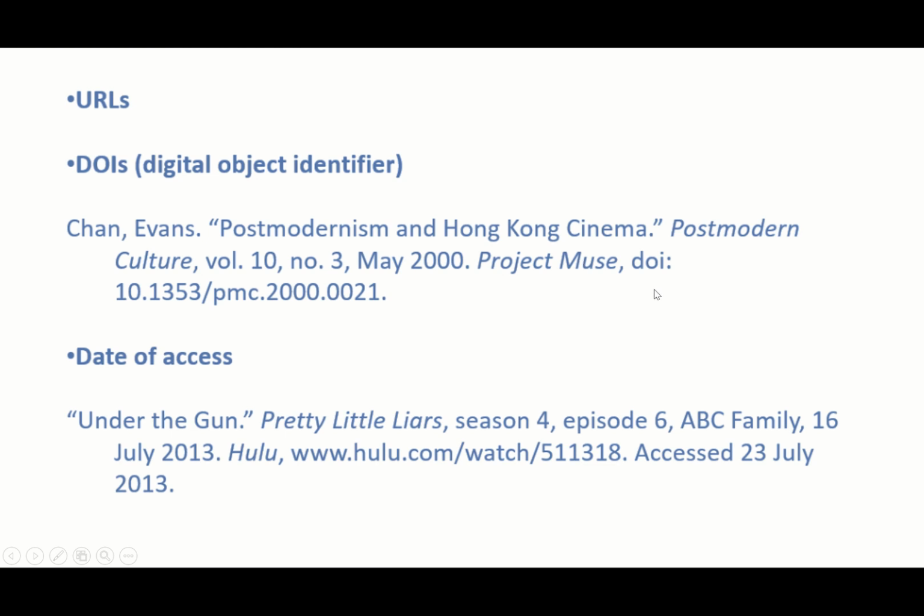You might have noticed when you go on the database and click to view the citation, it has this DOI number. This is specific to the database. You can actually search databases using DOI numbers and it will pull up the article that you're referencing. Sometimes if there is a DOI, you will include that, but it is not necessarily needed every single time.